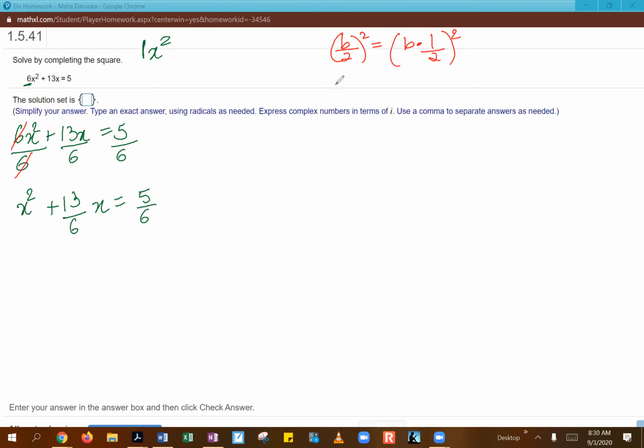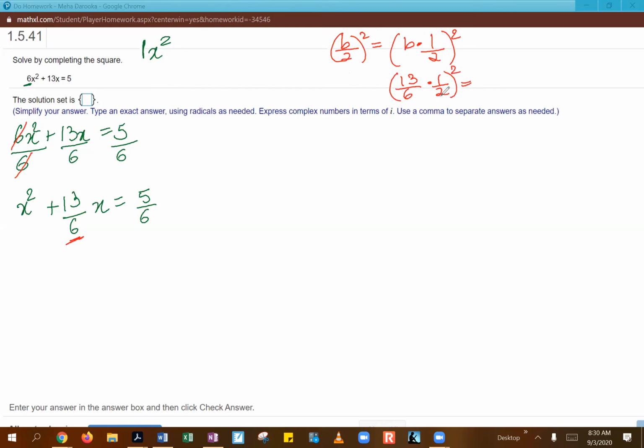That's the same thing we are going to do, since we have the fraction 13 over 6 as our middle coefficient. So we're going to take 13 over 6 multiplied by 1/2 and then square that result.